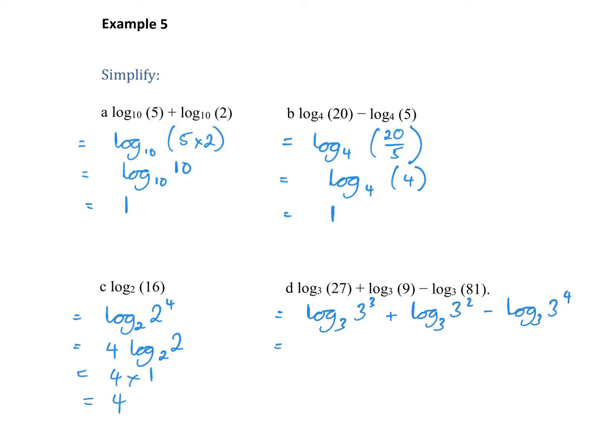So bringing down those powers now, you get 3 log base 3 of 3 plus 2 log base 3 of 3 minus 4 log base 3 of 3. And hopefully you can see that that's 3 times 1, which is 3, 2 times 1, which is 2, 4 times 1, which is 4. And tidying that up, 3 plus 2 is 5, take away 4 is 1.